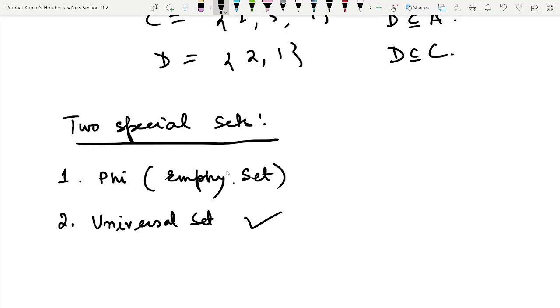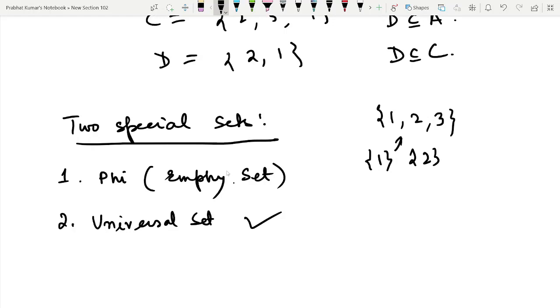If we have a set like 1, 2, 3, it can have many subsets. Like 1 is a subset of this. So you see the name, subset. Sub means a part. A subset is itself a set, but it is a part of the set.